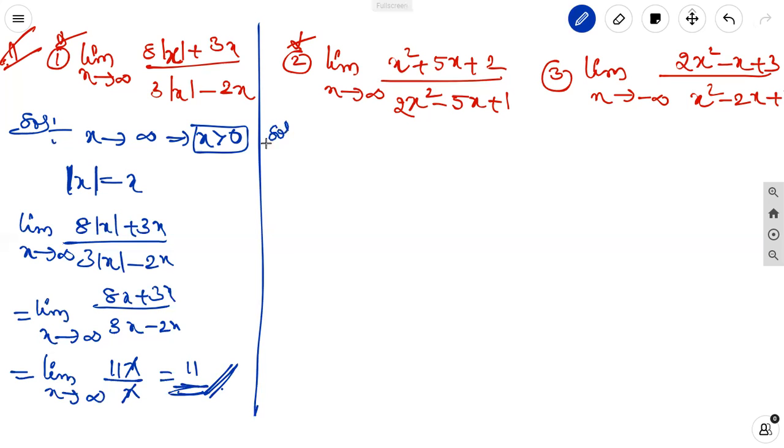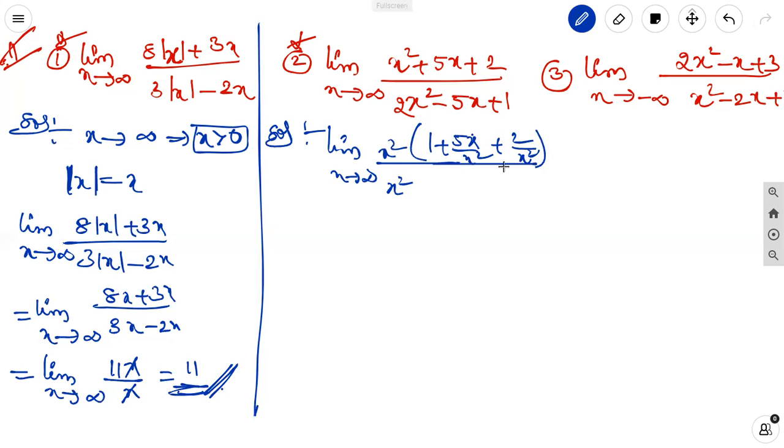Second solution, the same as usual as the previous problems. In this, x square common in the numerator and x square common in the denominator: (1 plus 5x by x square plus 2 by x square) by (2 minus 5x by x square plus 1 by x square). Here x cancels, x square cancels. You can apply infinity.